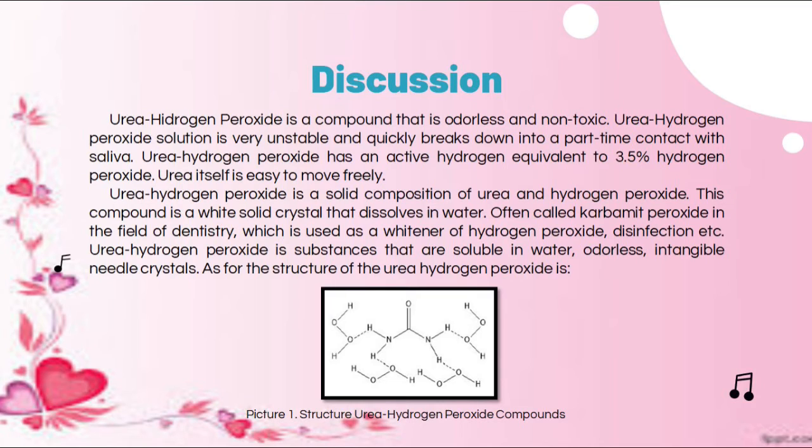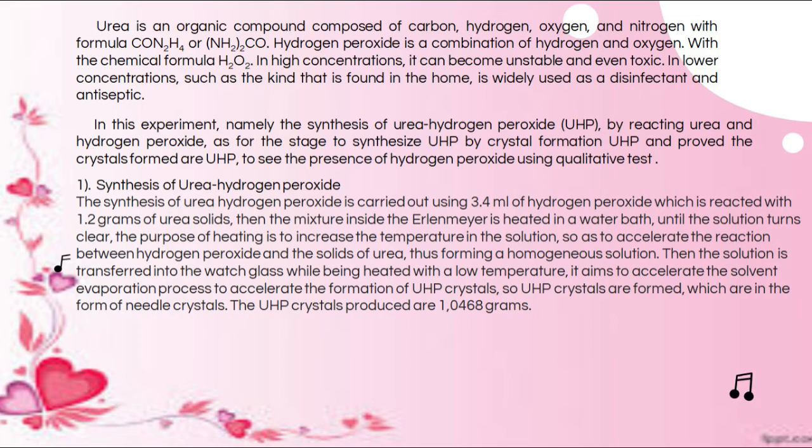Urea hydrogen peroxide is soluble in water, odorless, and a needle-like crystal. In this experiment, urea hydrogen peroxide (UHP) was synthesized by reacting urea and hydrogen peroxide.